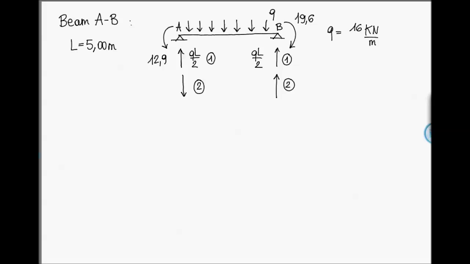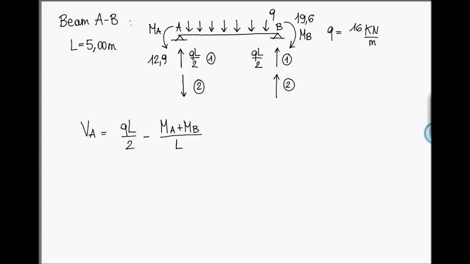Well, if we want to calculate the shear in A, VA, we have to sum up the first and the second contributions. So we have QL over 2, which is the first one. Then we have minus, since they have opposite sign, (MA plus MB) over L. MA is 12.9, so it is this bending moment here, and MB is 19.6.